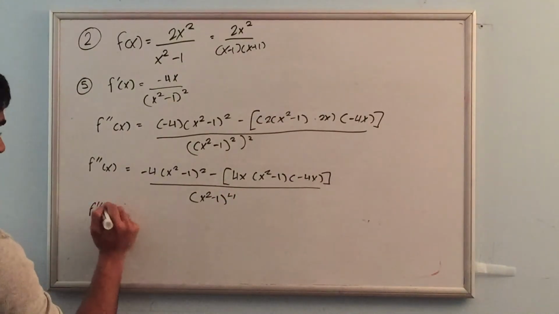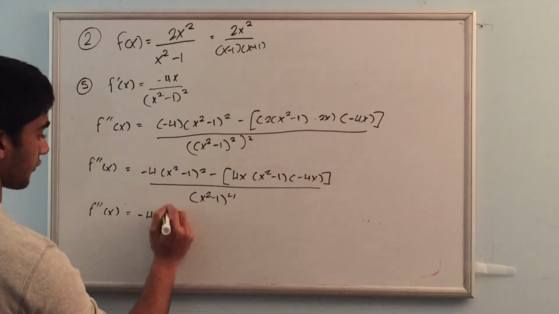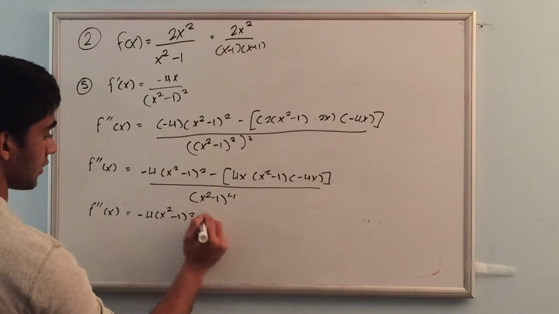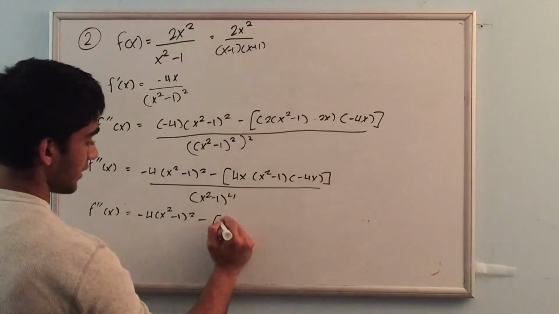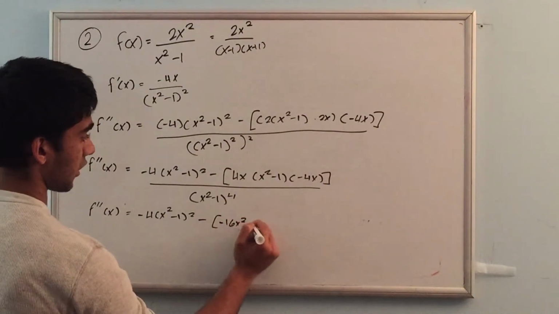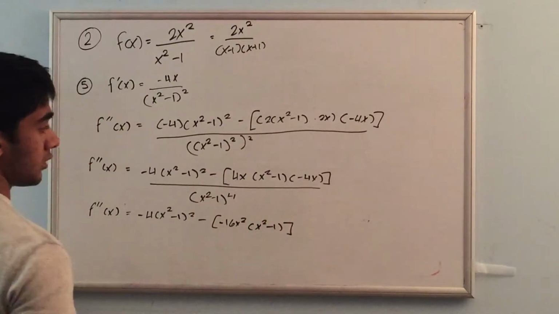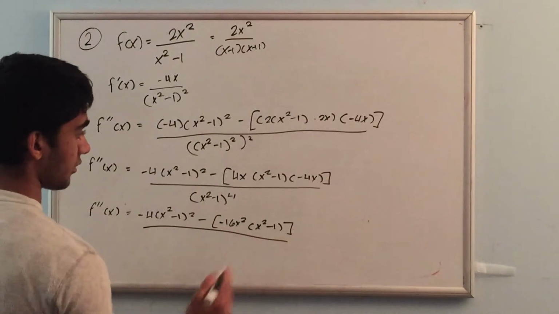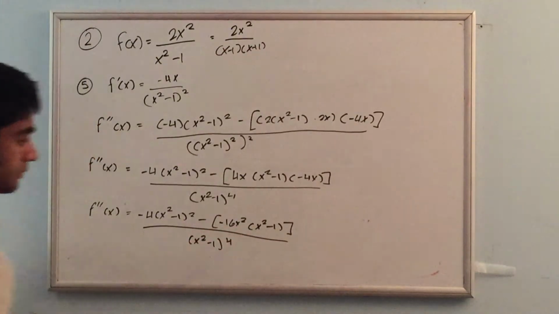This again becomes f double prime x equals, keep the first part, the numerator, the same, minus, this becomes negative 4x times 4x is negative 16x squared, times (x squared minus 1), right? This entire thing over (x squared minus 1) to the fourth.